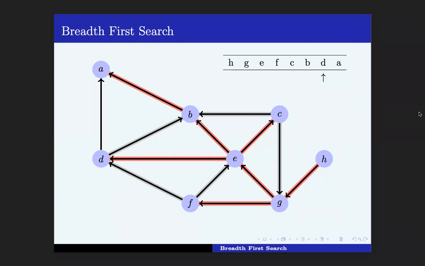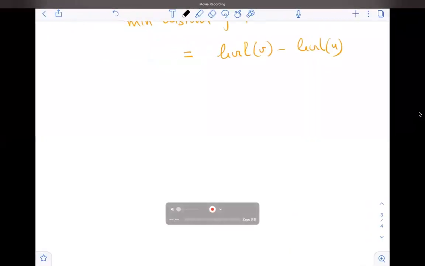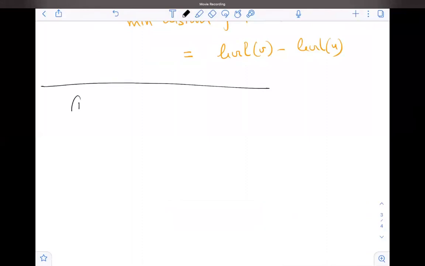So how do you prove the correctness of this queue thing? I will just ask you to prove one thing for yourself.